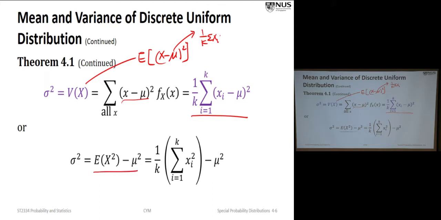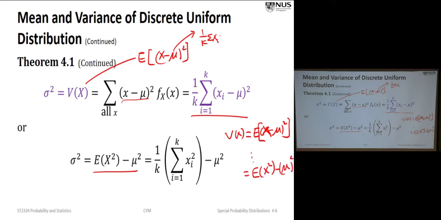This is a computational formula. Recall that the variance of x, which is defined as the expectation of the quantity x minus mu, the whole thing squared, you can show is equal to the expectation of x squared minus the square of the expectation.